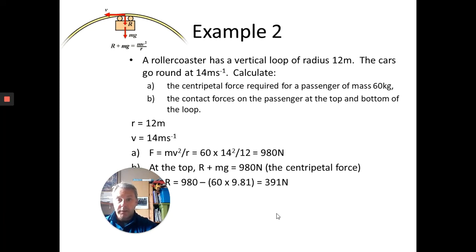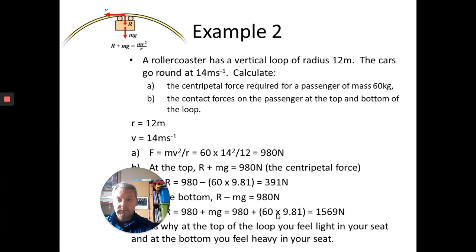Therefore, R must equal 980 minus 60 times 9.81, mg, weight, which equals 391 newtons. At the bottom, R minus mg equals 980 newtons, just like before. So R equals 980 plus mg, so it's 980 plus 60 times 9.81, which is 1,569 newtons.